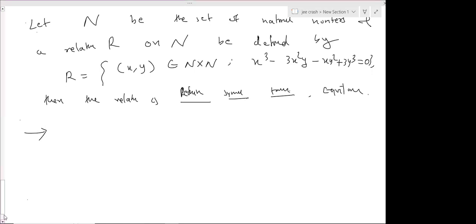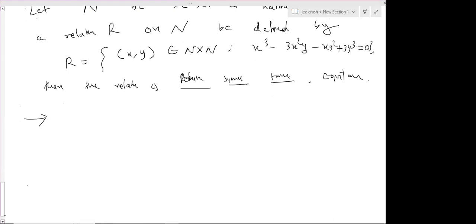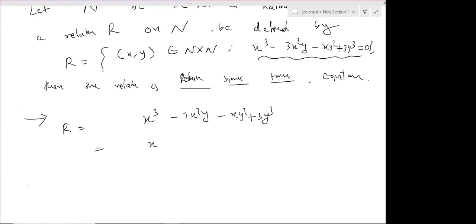All right. So how to solve this? First, we have to simplify this big equation we have. R is x cube minus 3x square y minus xy square plus 3y cube. So what I can do from here? Sir, it will be reflexive, and symmetric and transitive? No, sir. Absolutely correct.